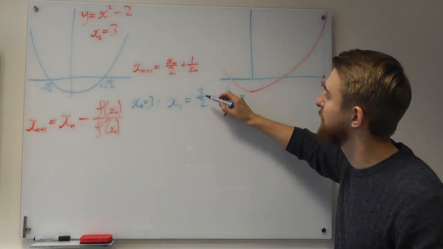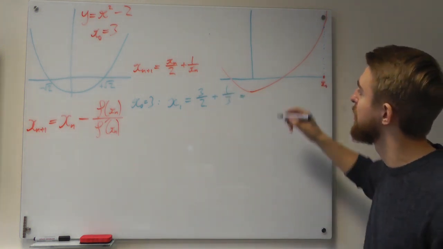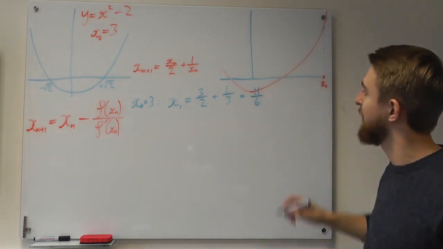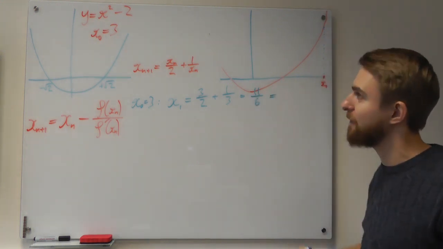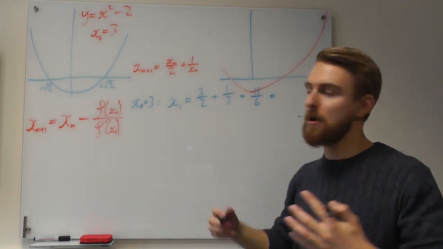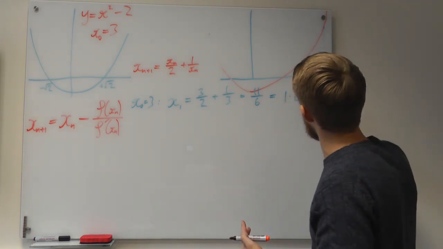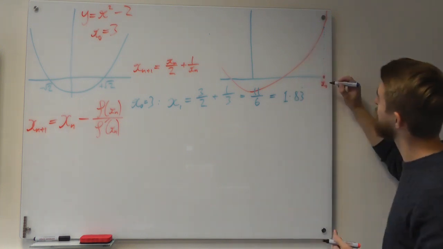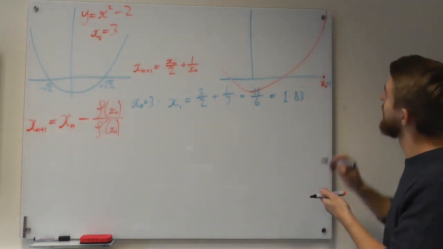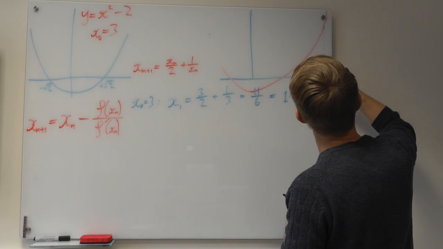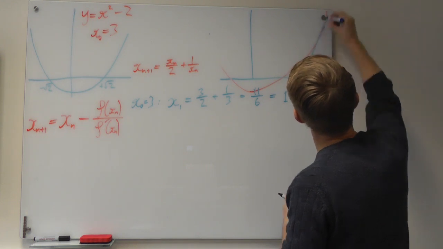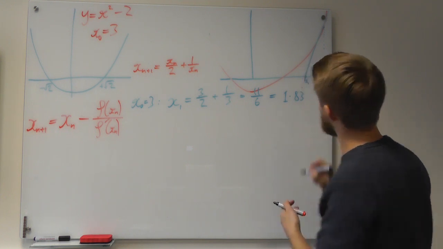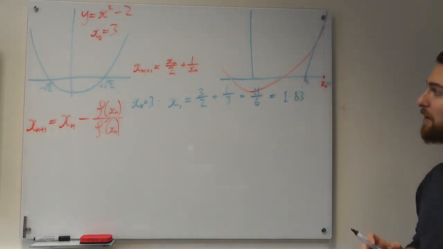So times the top and bottom by 3 and top and bottom by 2, you get 11 over 6, which is roughly equal to 1.83 recurring. Okay? So we started all the way over here at x naught equals 3, but applying our Newton-Raphson method, we've already come down to here, which is x1 equals 1.83 recurring.